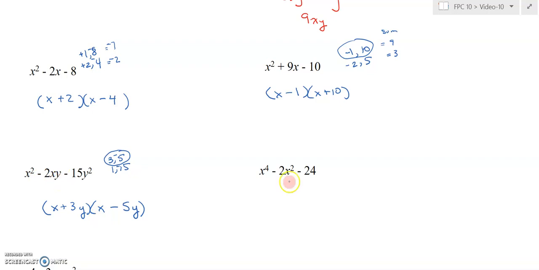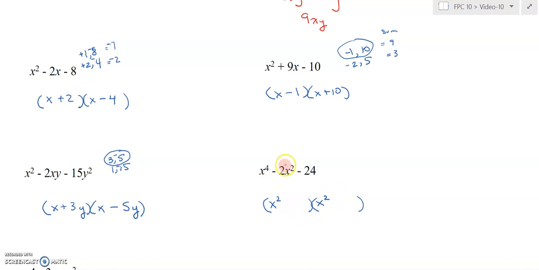This one over here has an x to the power of 4 instead of an x to the power of 2. Well, if it's an x to the power of 4, this time I would break it up into x squared times x squared. So that means when I do my outer and inner, I'm going to get a number multiplied by x squared. So I'm going to get something like 2x squared and 5x squared.